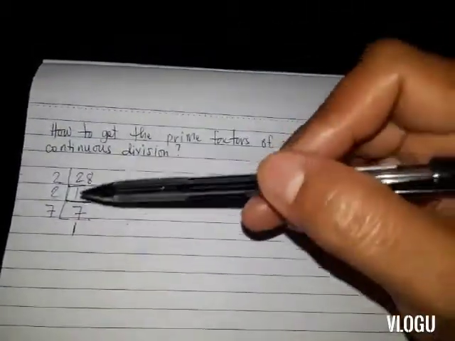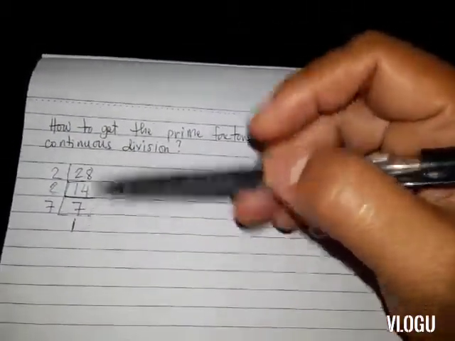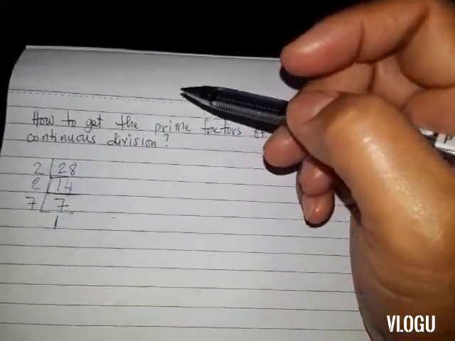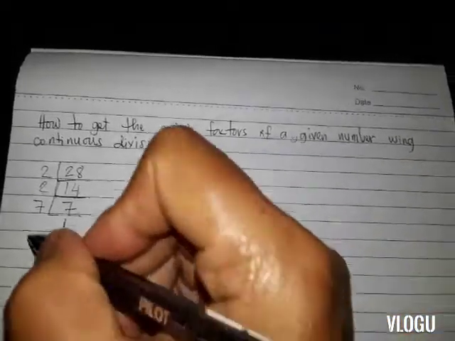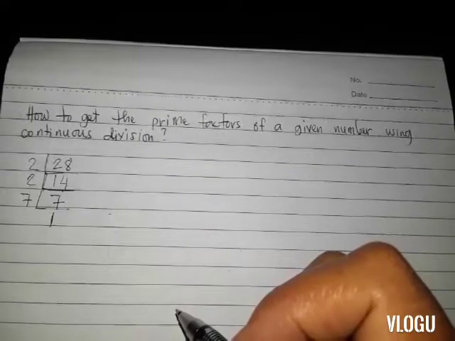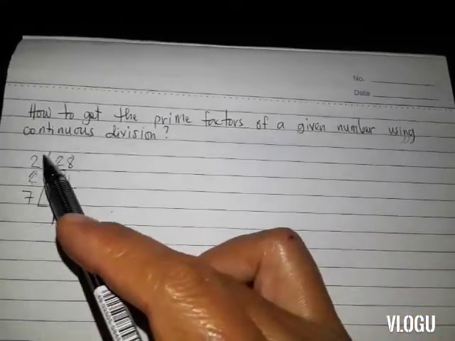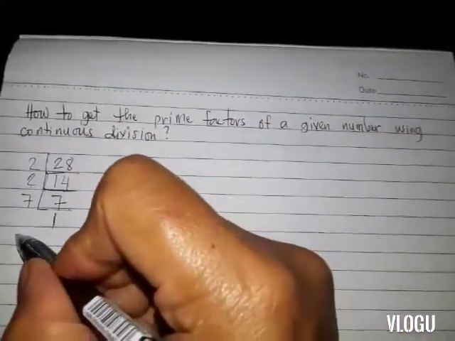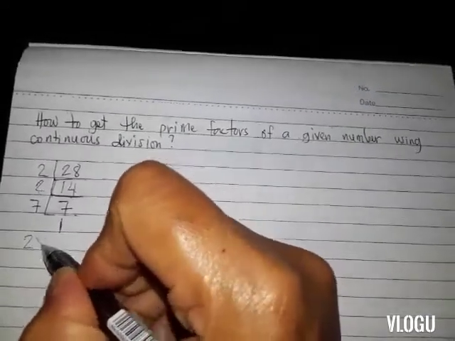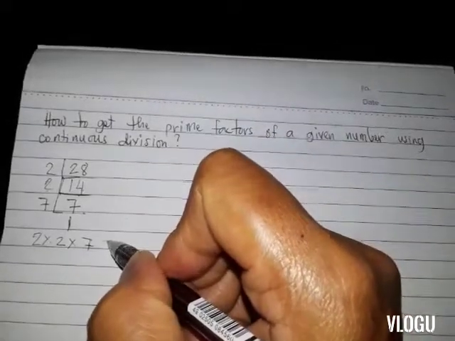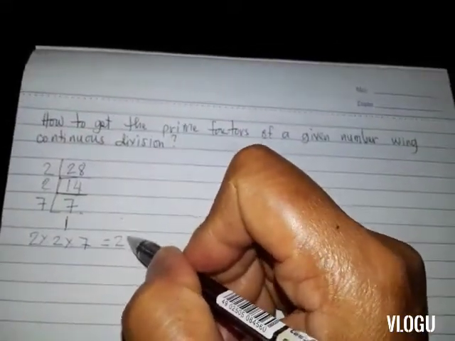Sometimes no need to divide 7, just multiply the numbers outside. But let's do it this way so that it is more clear to you. Okay, next, we are going to write all those prime numbers, the numbers outside, and those are our prime numbers. So 2 by 2 by 7, which is equal to 28.